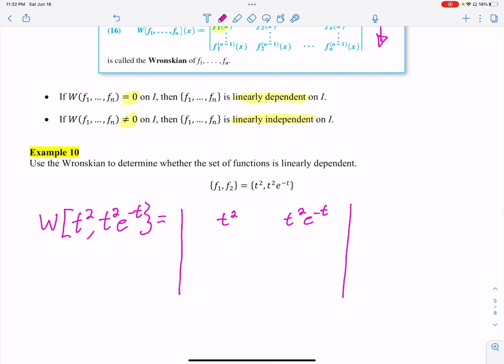Well, that means I only got to go one more, 2t. If I had to go more again, I would do 2, then 0, then 0. I would just keep taking my derivatives going down. But to make this a square matrix, since I only had 2 functions to begin with, I only need to go 1 down. Now, this is a product rule, though. 2t e to the negative t minus t squared e to the negative t.